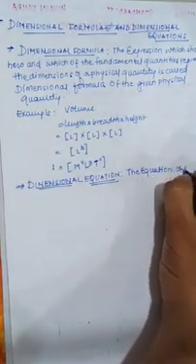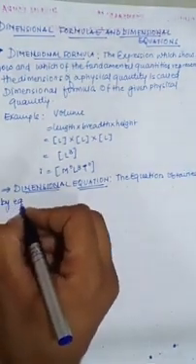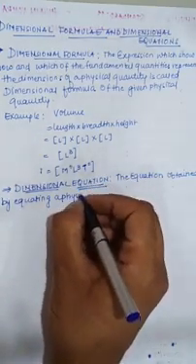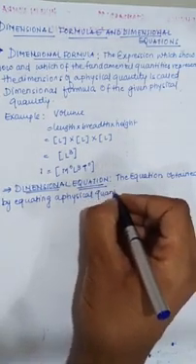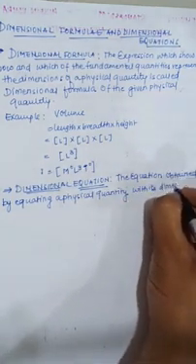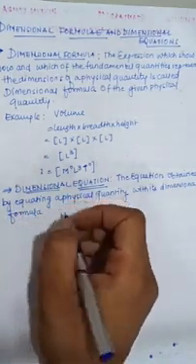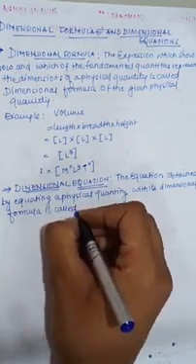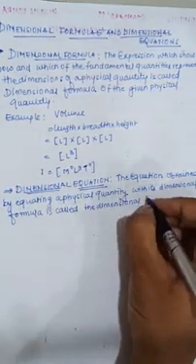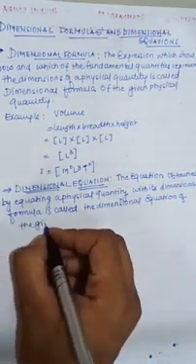The equation obtained by equating a physical quantity with its dimensional formula is called the dimensional equation of the given physical quantity.